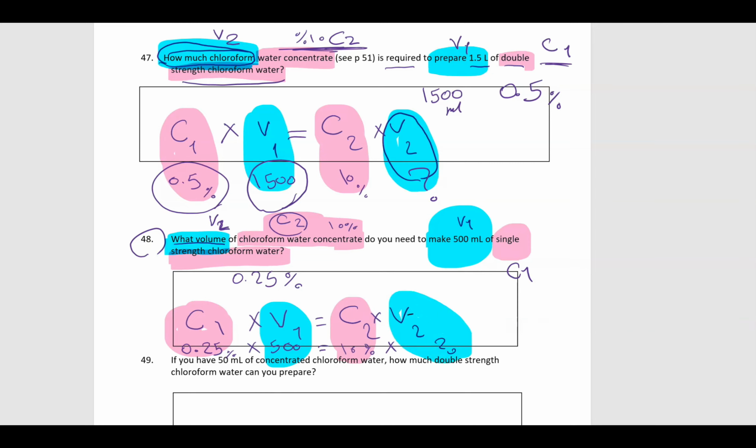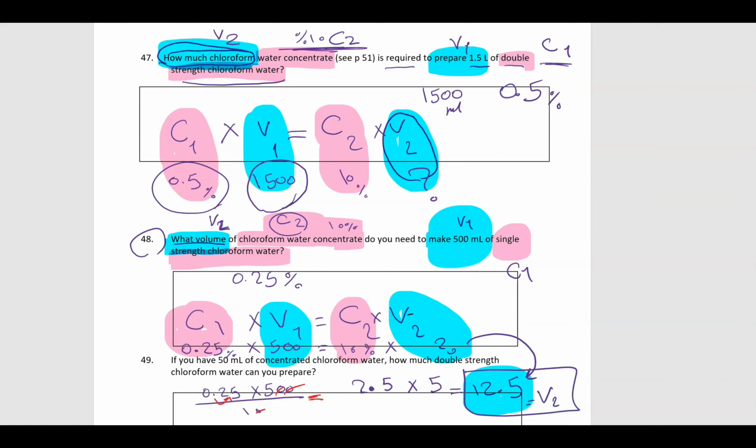That's what we are looking for. So 0.25 times 500 divided by 10. This zero goes with this zero, and we can move the dot 1 unit forward. So 2.5 times 5 is equal to 12.5. So my second volume V2 is 12.5.